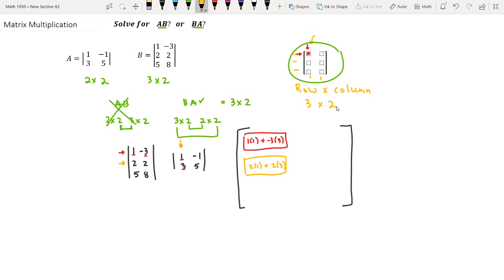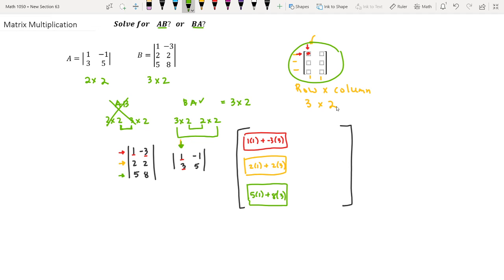I think by the end you'll get a feel for this pattern. Let's keep going down this column. Now I'm shifting to the third row, but still looking at the first column. And I'll do 5 times 1 plus 8 times 3.